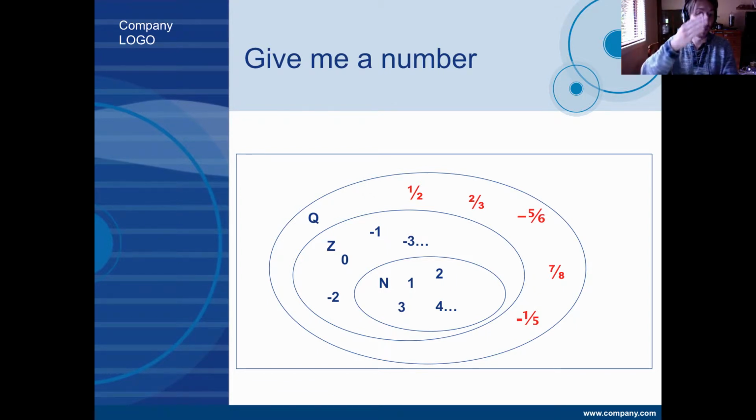It might be 0.16161616, and it might take 10 decimal places before it starts repeating, but any number that you can write as a fraction will eventually repeat, and that's why it's called a rational number. Rational numbers also include integers and natural numbers. So of course rational numbers are fractions, but they're also all of these numbers in here too.